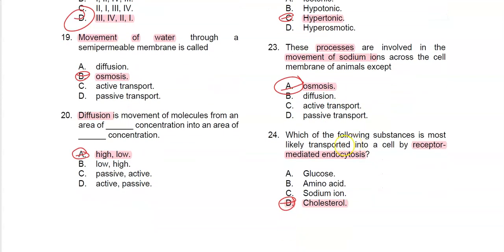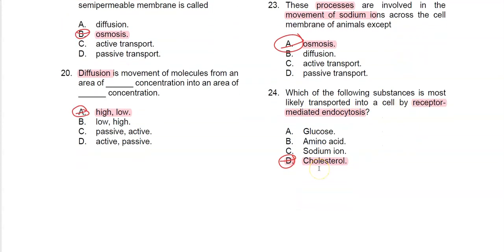Number 24. Which of the following substances is most likely transported into a cell by receptor mediated endocytosis? The obvious example given in your notes is cholesterol. Cholesterol is taken into the cell through receptor mediated endocytosis, as it binds to the receptor protein found on the plasma membrane facing the extracellular fluid.